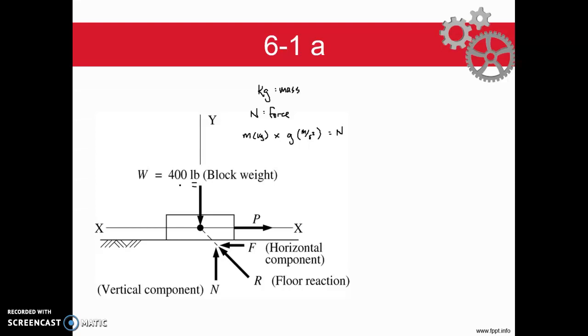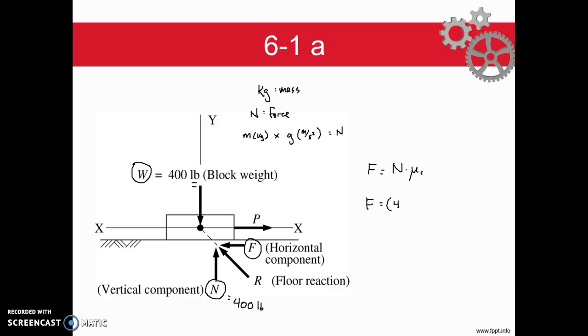So the vertical force present here, which is the weight, is 400. That's the only force in the vertical direction, which means the normal force that's going to push back against that is also going to be equal to 400. If the normal force is 400, then the friction force equals the normal force times the coefficient of static friction.